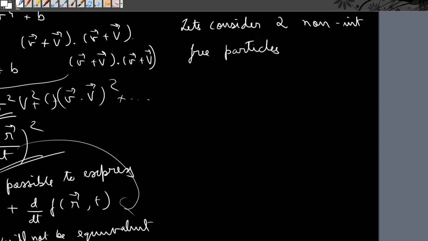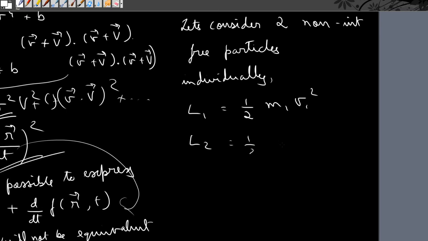Individually, their Lagrangians can be defined as half m1 v1 square and half m2 v2 square.